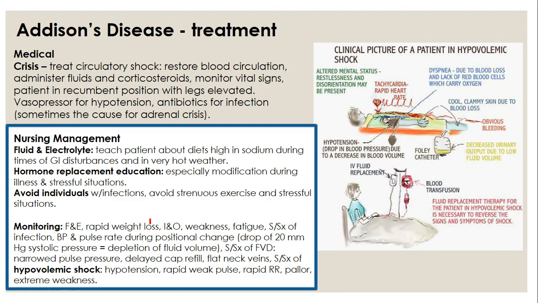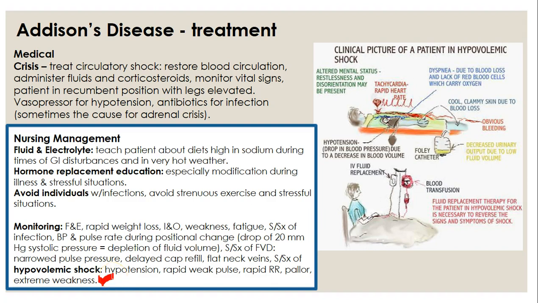For Addison's disease, with the crisis, you just want to treat for circulatory shock, monitor fluid and electrolytes, hormone replacement, avoid individuals with infections, and the big thing here with the Addisonian crisis is to watch for hypovolemic shock.